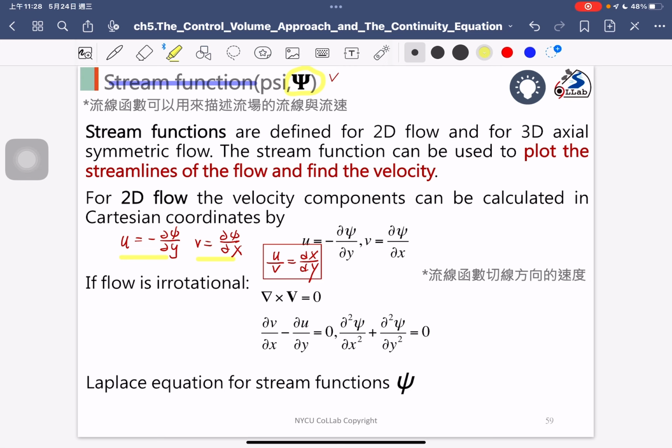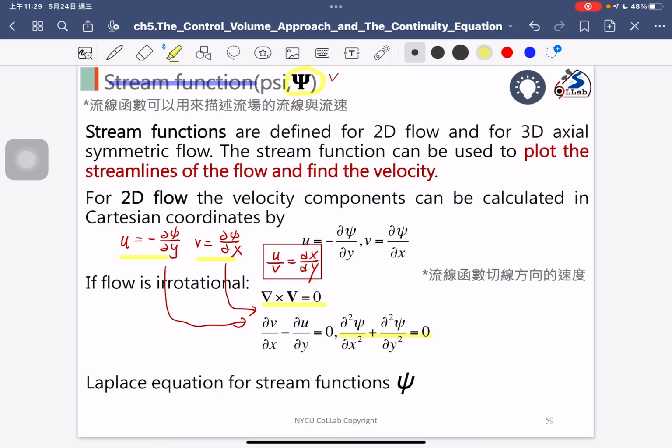Okay? And then I want to teach you that if your flow is irrotational, you should satisfy the cross product equal to 0, right? So if we put the two equations into this formula, finally we can derive the equation we call the Laplace equation.